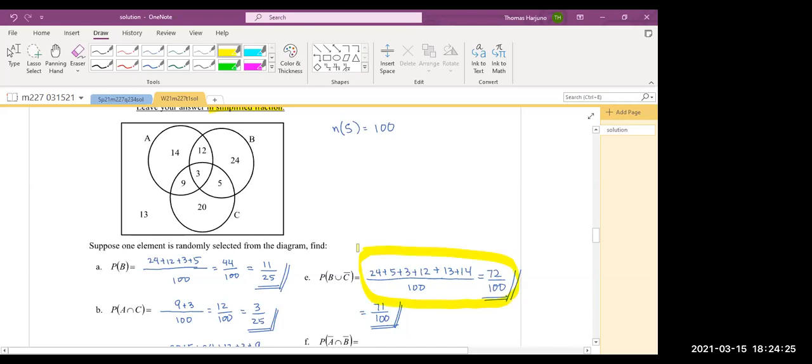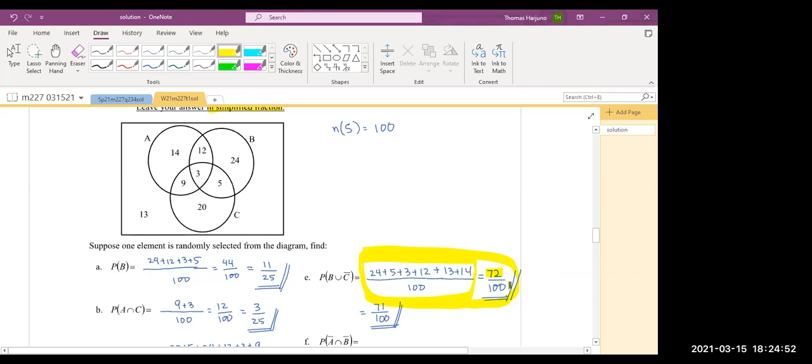Oh yeah, I give you partial credit for this. But I will penalize you 1 point instead of only half a point: half a point because you added wrong, and another half point because you didn't reduce that.